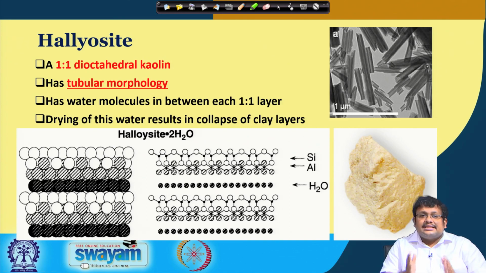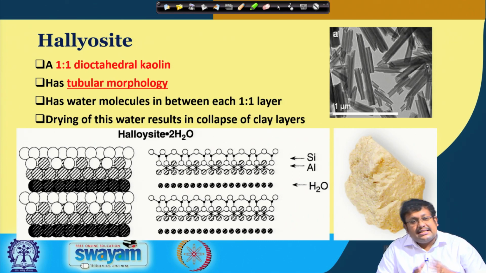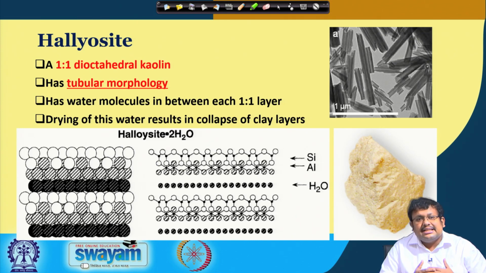So, guys, we have discussed different types of primary minerals. We have started discussing the different types of secondary minerals. We have discussed how this 1:1 layer and 2:1 layer form, and we have started discussing the individual clay minerals.